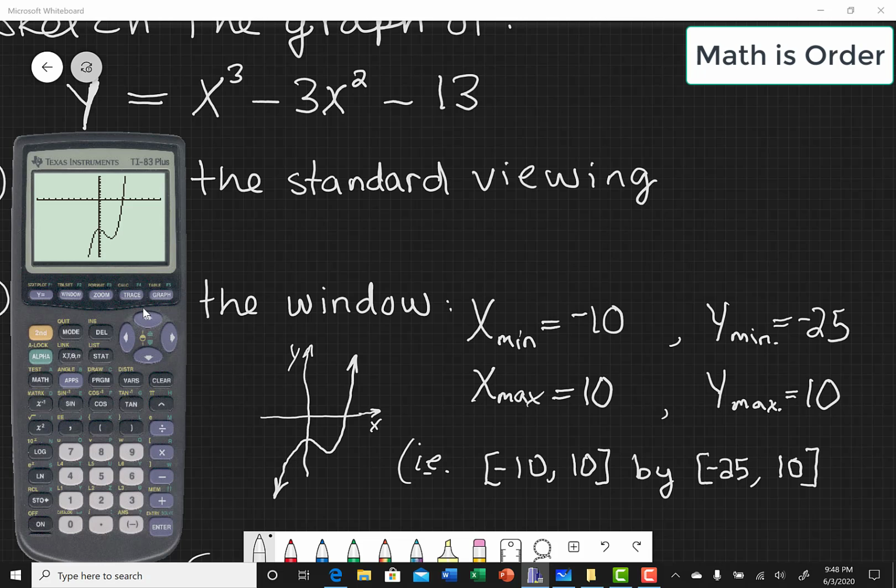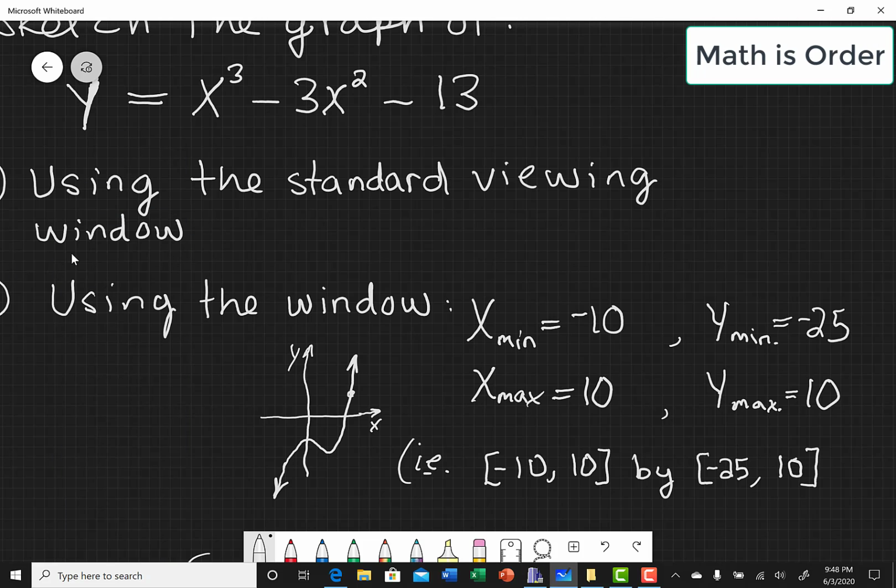So to get some coordinates, what you can do is press second and then graph, or table. And then the calculator will generate some coordinates for you. So like 4, 3 is a point on this graph. So 4, 3 might be here. And 0, -13.